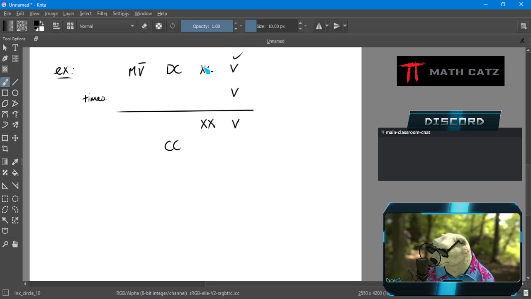Now I've done this one, I've done this one. So I'm now multiplying with the hundreds portion of this number, which is DC, which is 600. 5 times 600. Well, 5 times 6 is 30. Groups of 100 is 3,000.